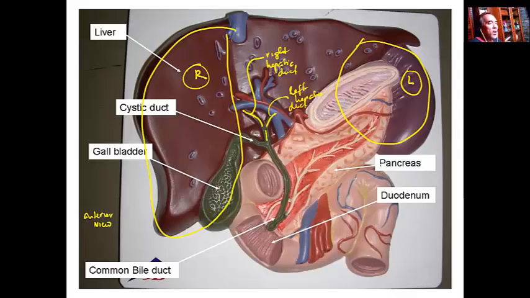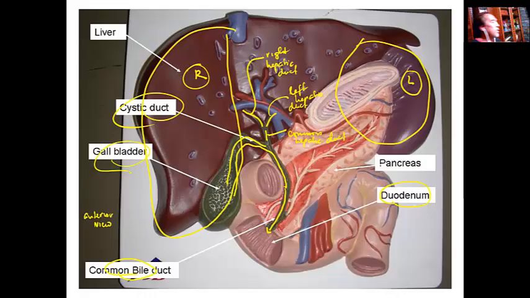And this one is where they join as one common hepatic duct. And then this one is a cystic duct that goes to the gallbladder. And then when it's squeezed, it goes from the gallbladder to the cystic duct, and this one goes to the common bile duct, which drains into the duodenum.